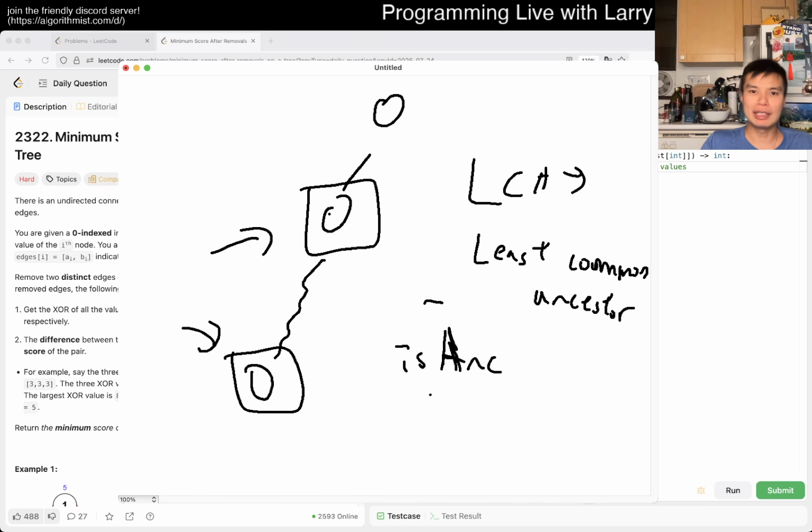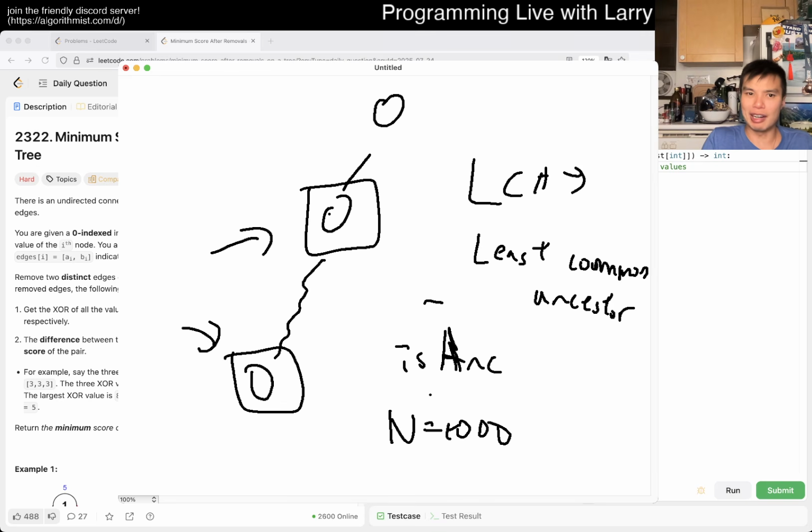I was going to say you could do something funky. No, it's not that funky. It's just literature, like binary lifting or repeated doubling and stuff like that. But actually, n is only 1,000, right?